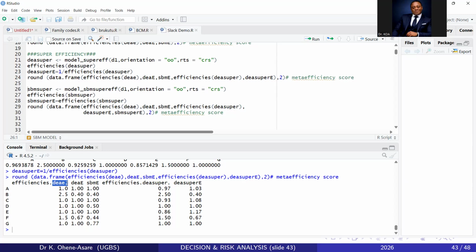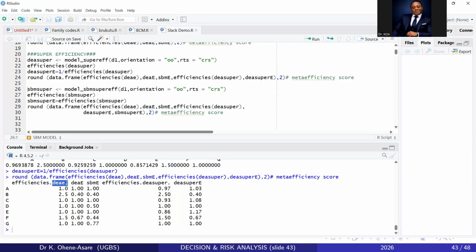Okay, even though the DEA results were supposed to be 1 and above, the super DEA is showing us below 1. Meaning that it's more than efficient. The efficiency was supposed to be 1 and above since it was output oriented, but it's giving us 0.97. That means it's over efficient.